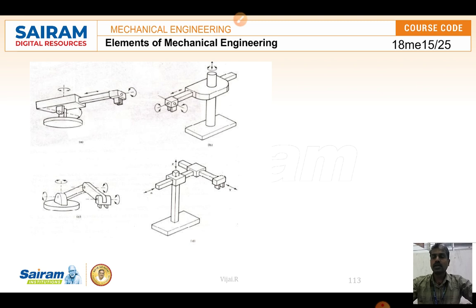Number one is the Cartesian coordinate system, used for making a rectangular box workspace, so we can call it a rectangular configuration robot or Cartesian configuration robot, as well as the cylindrical robot, jointed arm robot, and telescopic, spherical or polar robot.